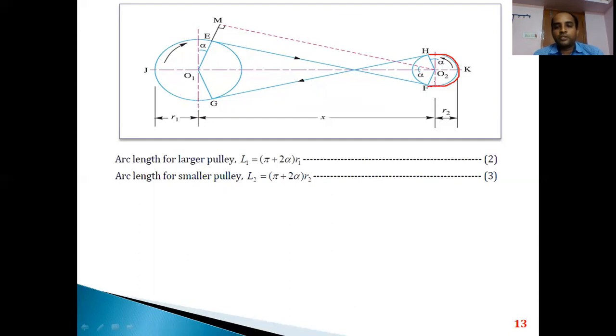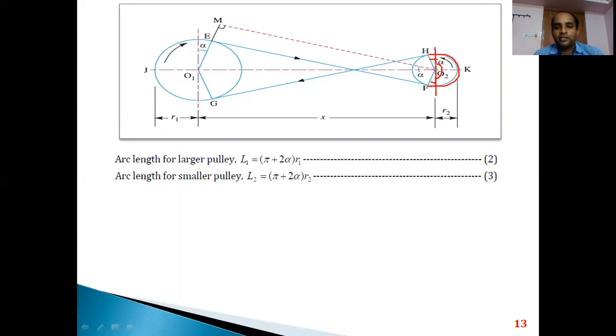Now if you observe in this figure, this vertical axis is 180 degrees. From H to the vertical line, there is some angle alpha, which is already written there. The same angle alpha is obtained on the other side also. So now the arc subtended from H to F is the arc length.